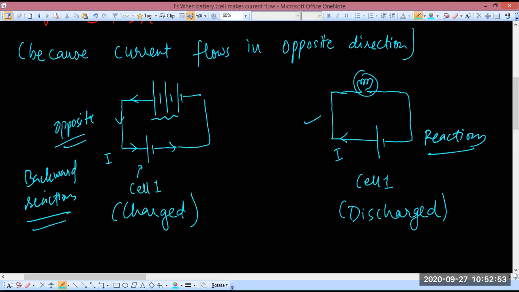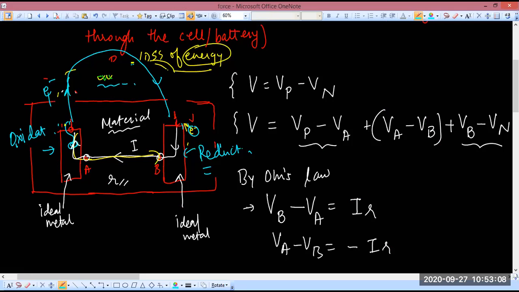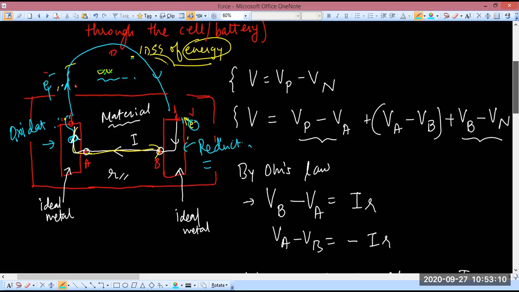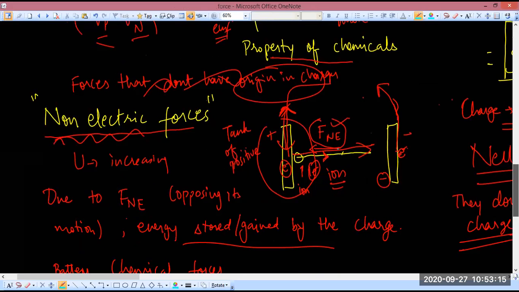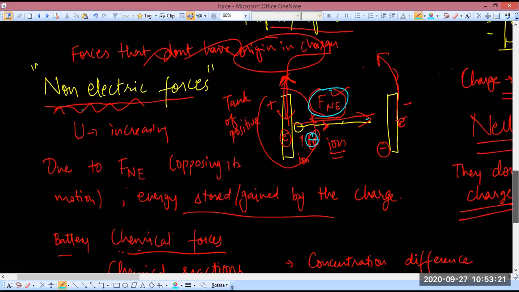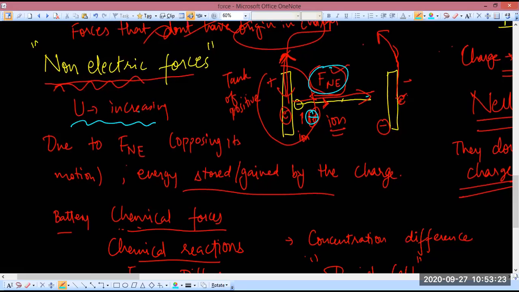So when that happens, the internal chemistry of the whole battery will start to get reversed, and the energy of the non electrical force that was consumed will now all come back, right? I hope that makes sense, because when the charge flows like this, the non electrical force, I repeat, the non electrical force makes the potential energy of that ion increase.